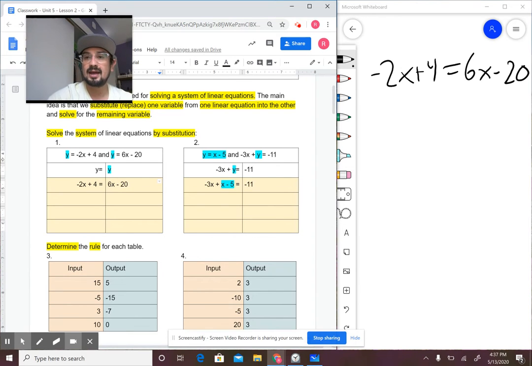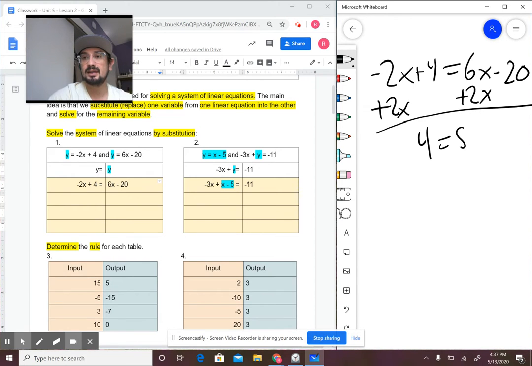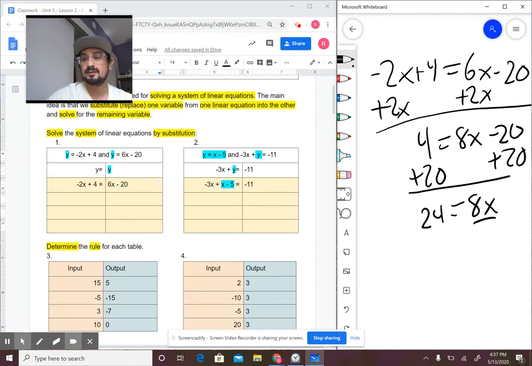So you're going to add 2 to both sides. 4 equals 8x minus 20. Add 20 to both sides. 24 equals 8x. Divide by 8. 3 equals x.